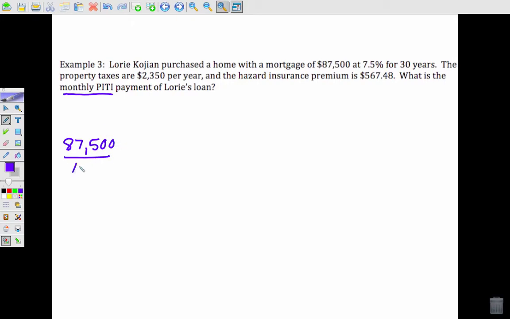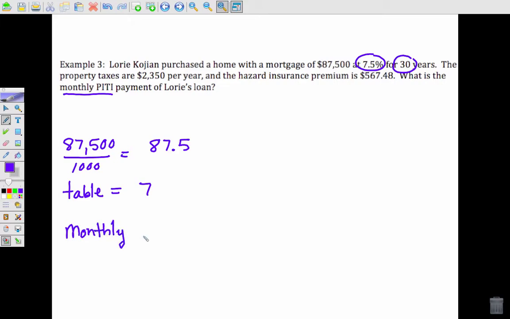Let's take $87,500 divided by 1,000. This is how many thousands we have. We need our table factor. So from the table, we're going to go ahead and use our 7.5% at 30 years. And when you look that value up in the table, we should get a table factor of 7.